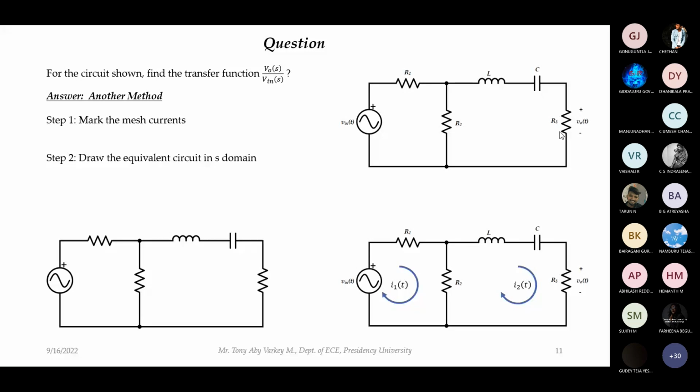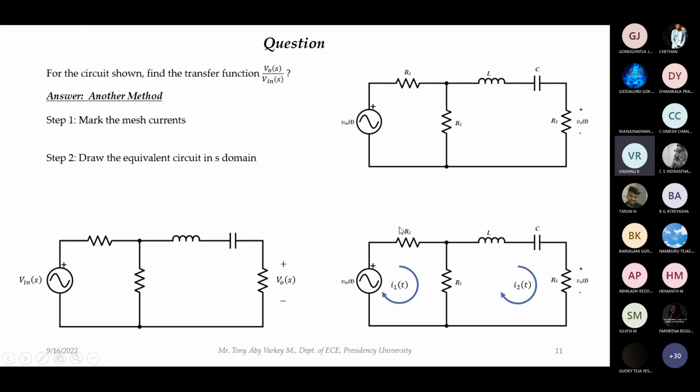Now tell me what will happen to V in of t in the S domain. V in of S. Now what will happen to V output of t? V output of S. So that also I have marked. Now what will happen to R1?